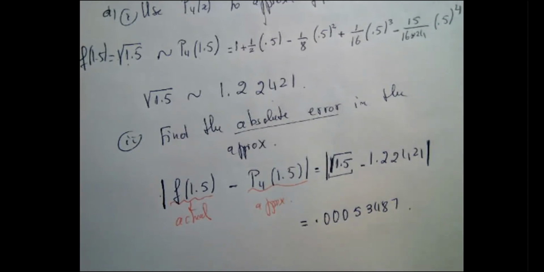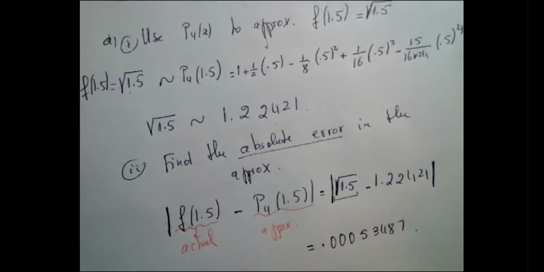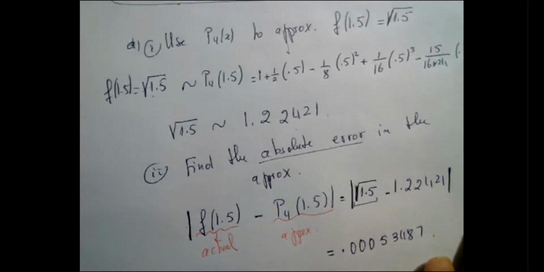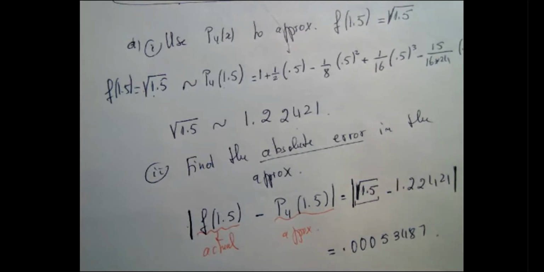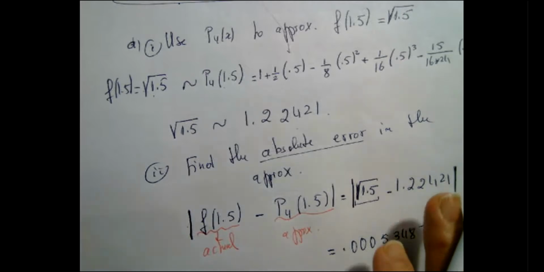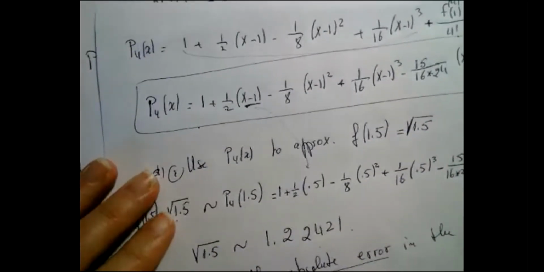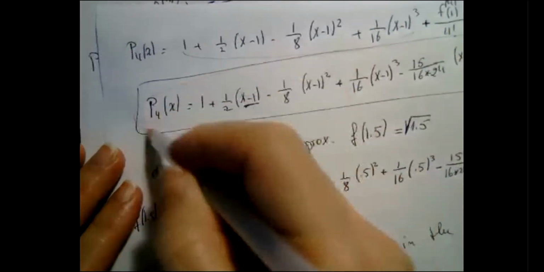Okay. Now, of course, you're asking me, why do we need to approximate the square root of 1.5? I mean, the calculator gives us the value. The honest answer is that what we will be approximating is not really the value, even though we're going to do that as a practice. What physicists approximate is the function as a whole.